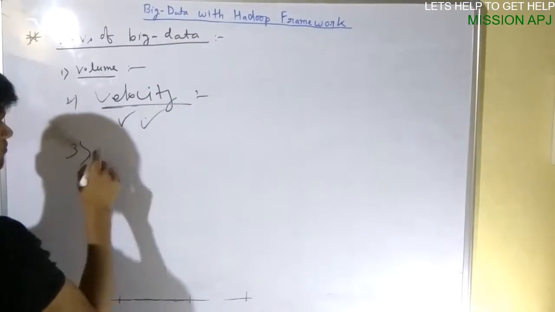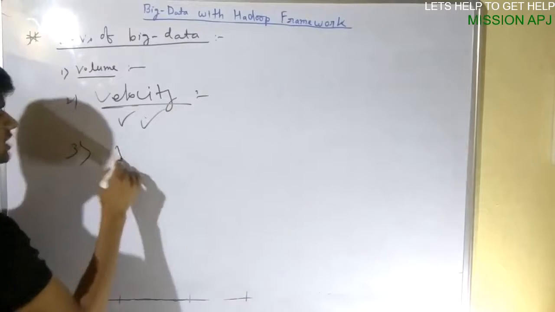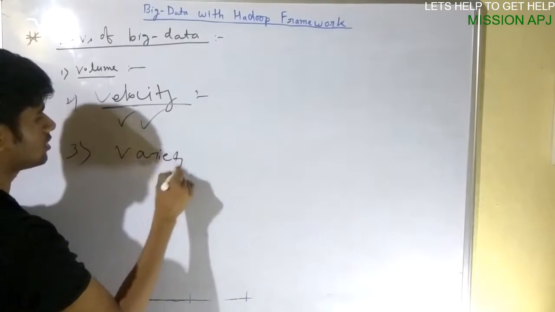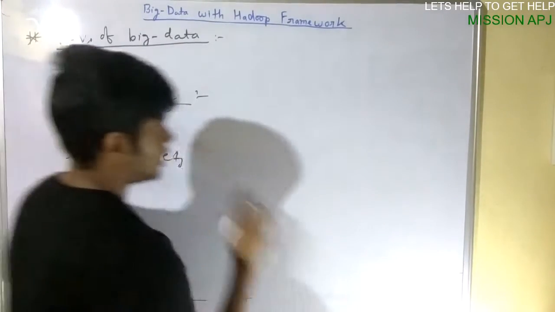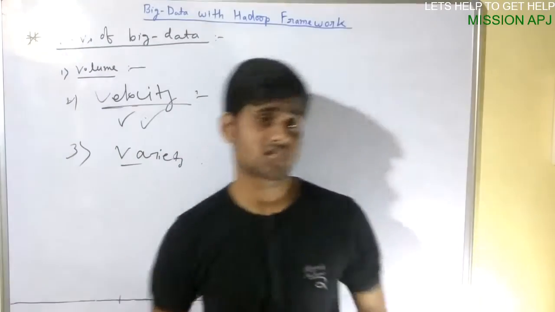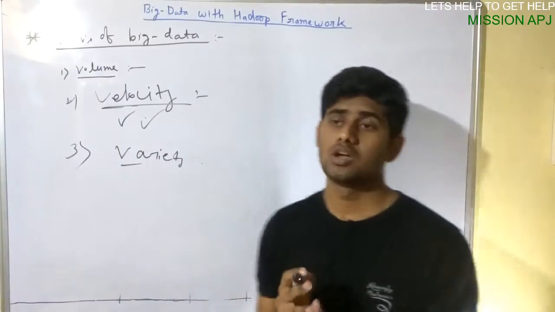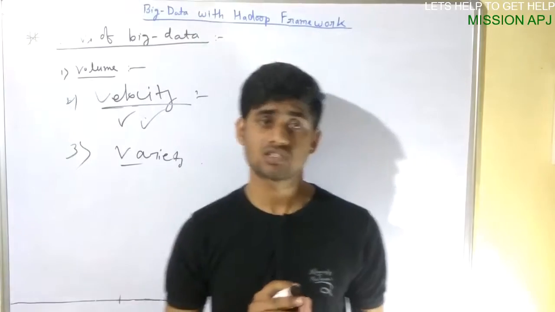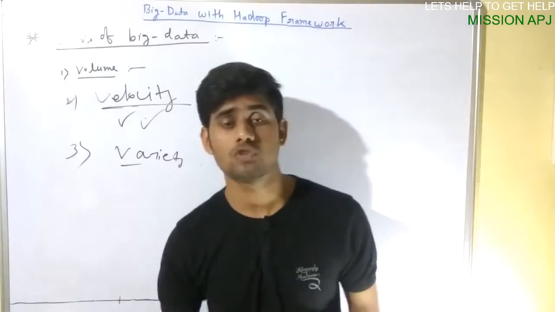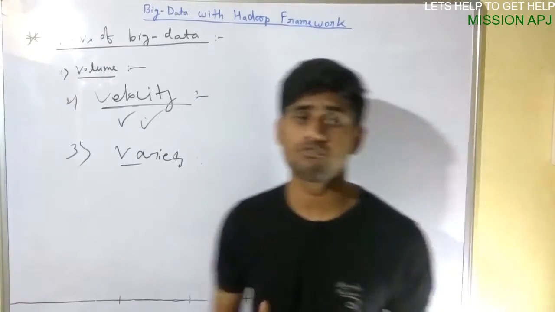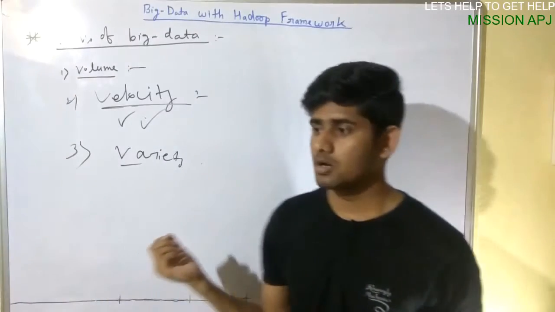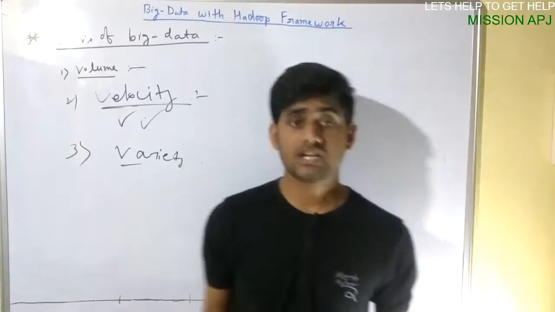Now the third one, after volume and velocity, is variety of data. Big data is not only structured data; it has unstructured, semi-structured and structured data. A combination of these things: video files, text files, XML files, log files, pictures, relational data.